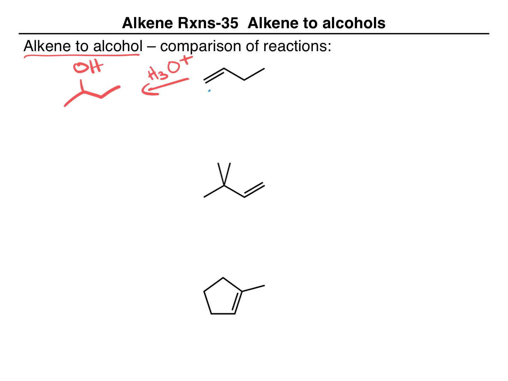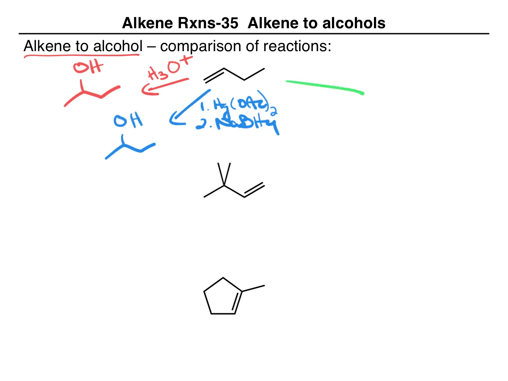Our second method was oxymercuration-demercuration. So this is where we're using mercury acetate followed by sodium borohydride, mercury acetate in water and THF followed by sodium borohydride. And this also gives us Markovnikov addition.